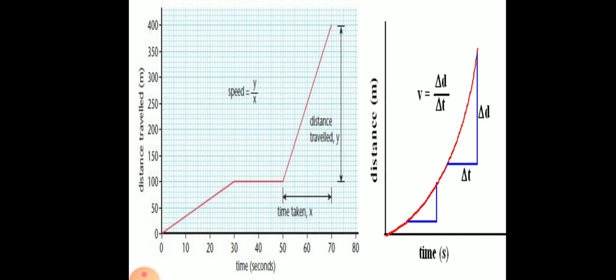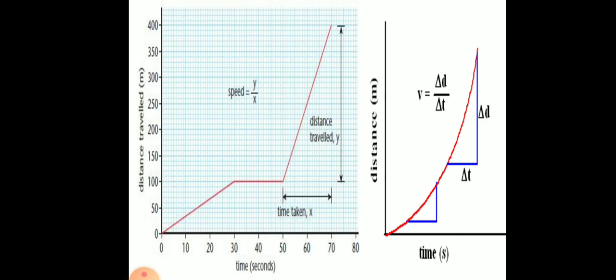To find velocity at a particular time, small triangles are constructed. By finding the slope of these small triangles, we can find velocity at that particular time.